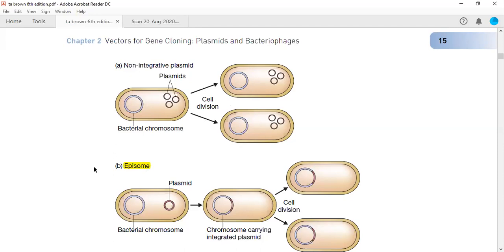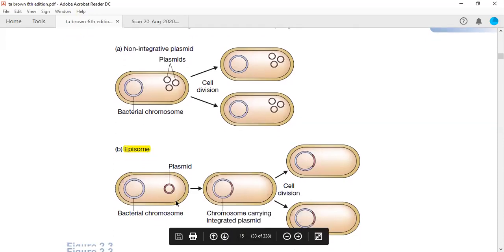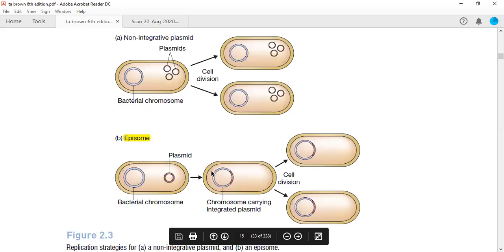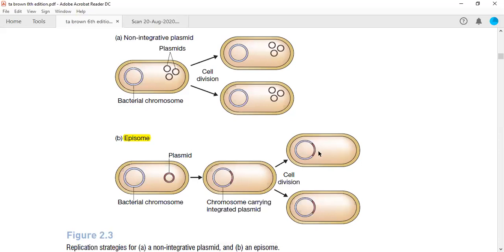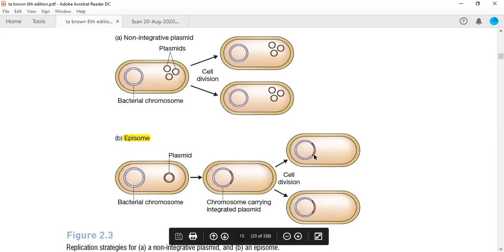But there are some cases reported in which the plasmid can be integrated into the bacterial chromosome, as can be seen here, and this bacterial cell is then called an episome. If the bacterial chromosome is carrying the integrated plasmid, when this bacterial cell divides, each daughter cell will have the same copy as coming from the parent.